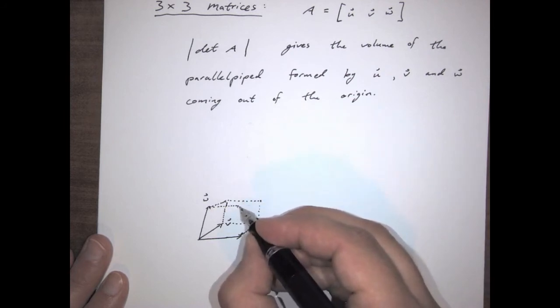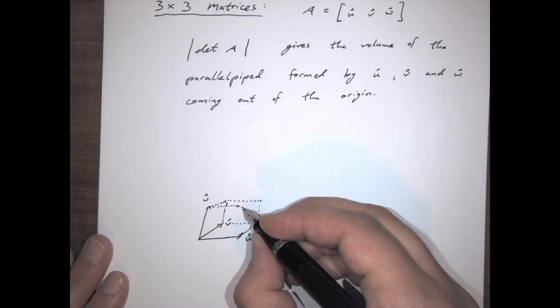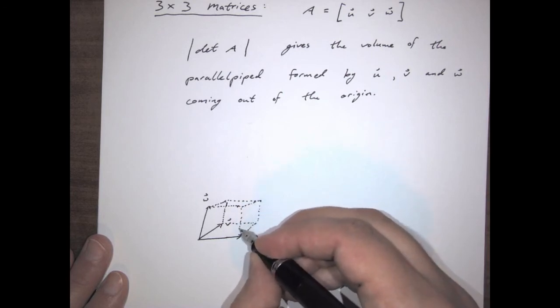So then what else do we got here? We got still this one to this one and down.